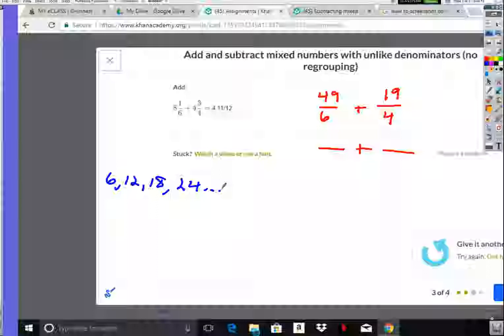And count simultaneously by 4s: 4, 8, 12, 16, 20, and so on. Depending on how far you go, you may find several common multiples. But in this case, we want the least common multiple. So what's the smallest number that both lists have in common?